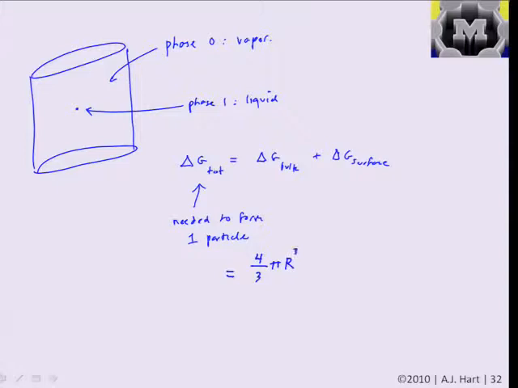nucleus, and we're going to assume that it's a spherical particle.